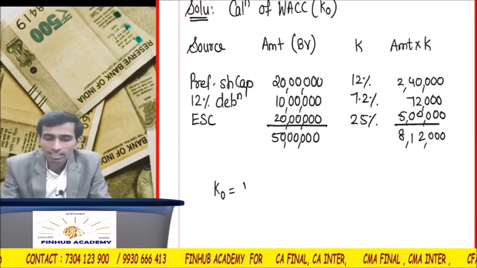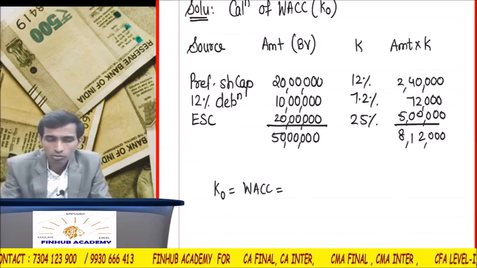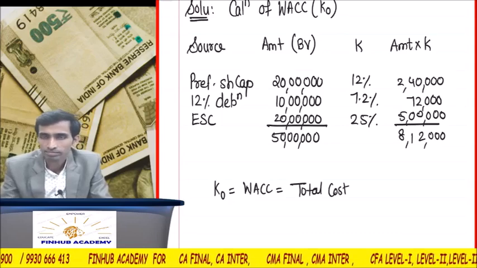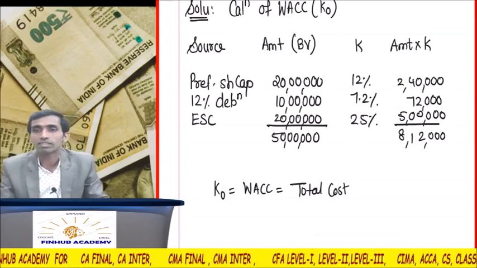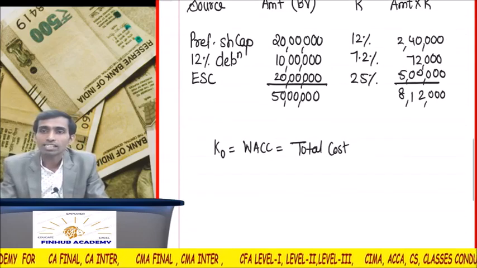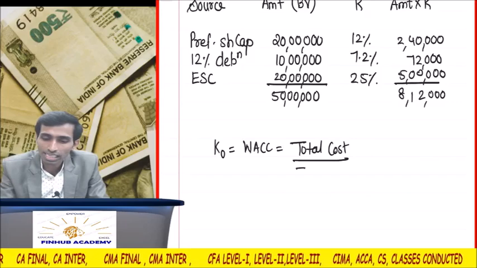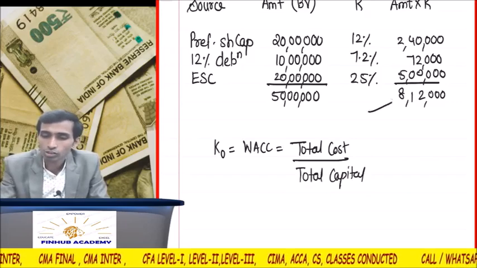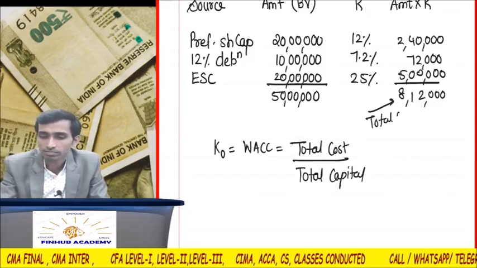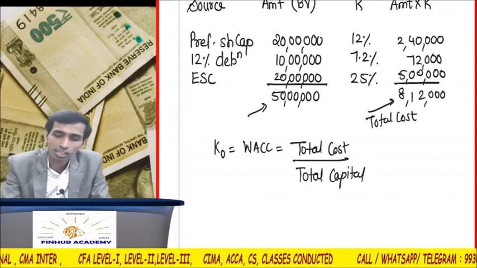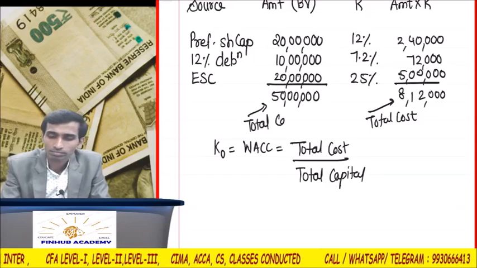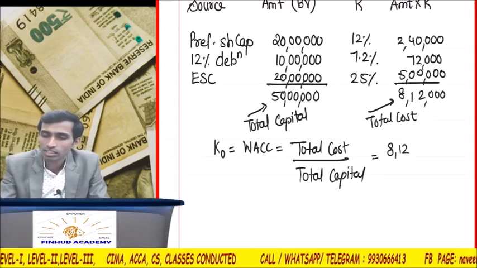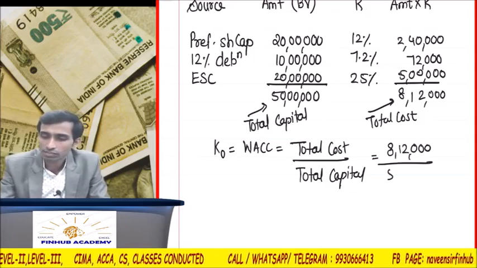Ko, WACC is equal to total cost upon total capital. This is your total cost, this is your total capital. Total cost is 8,12,000. Capital is 50 lakhs.